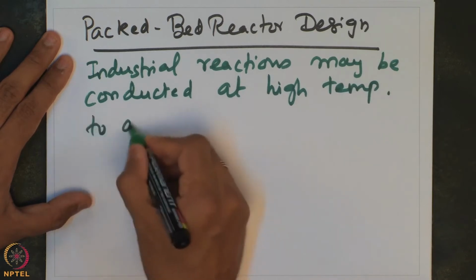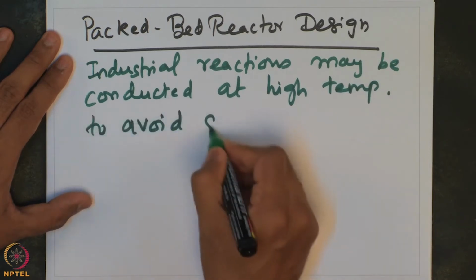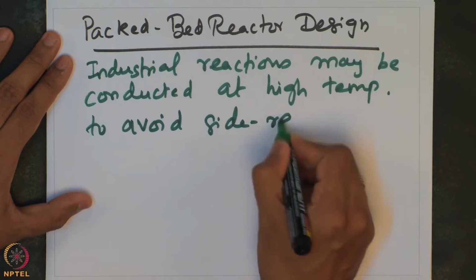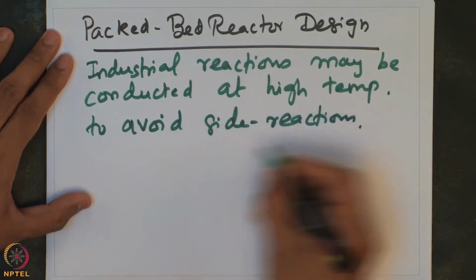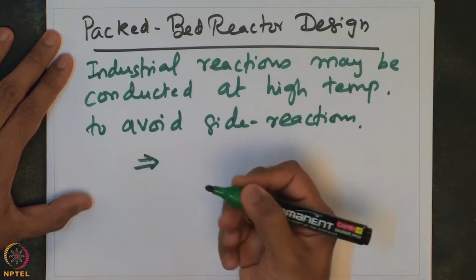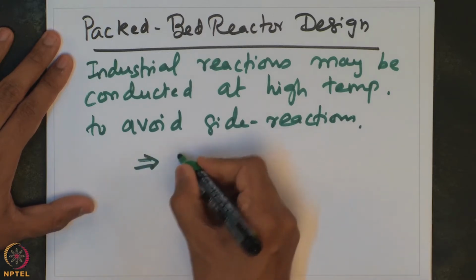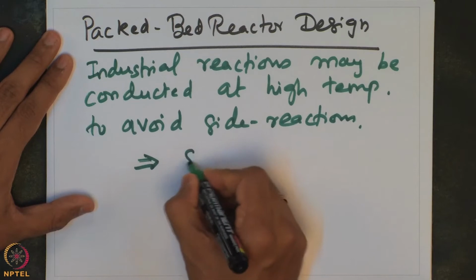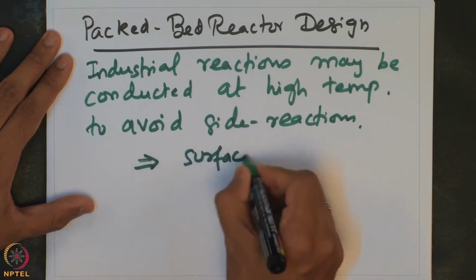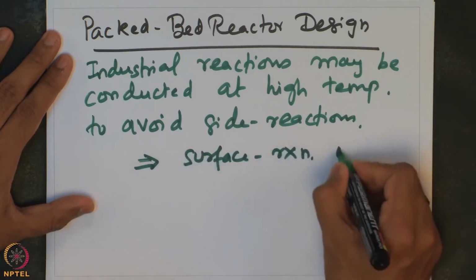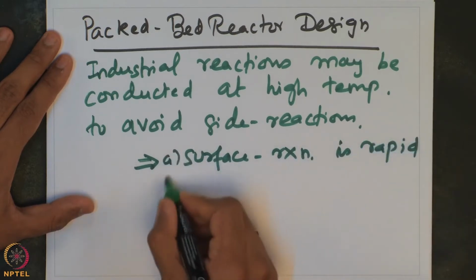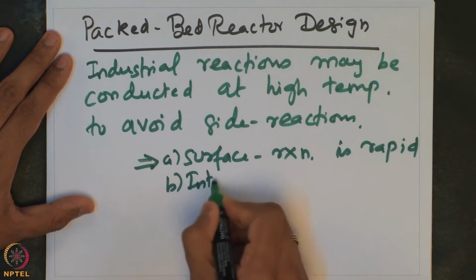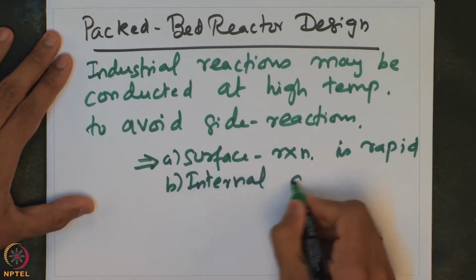So, therefore, if the reaction is conducted at high temperature, we can assume that the surface reaction is rapid, and we can also assume that the internal diffusional limitations are negligible.